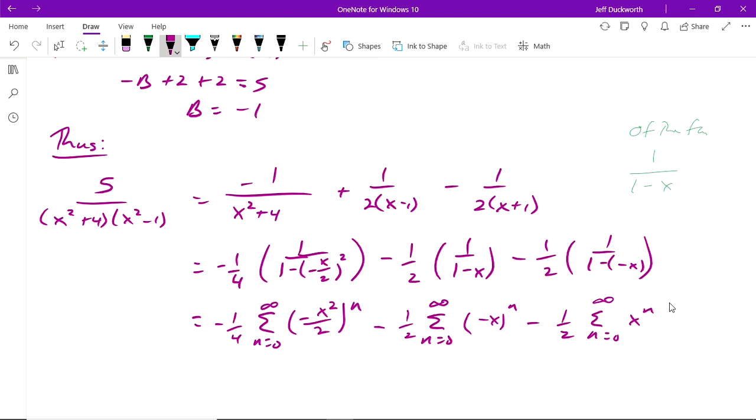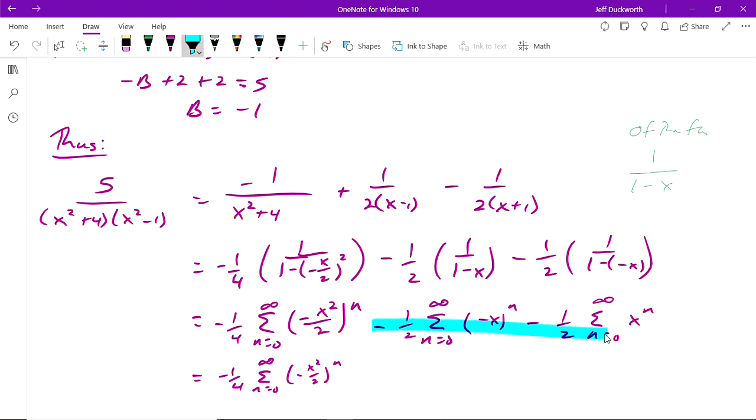All right, so we want to ultimately combine this into one power series, so we've got a little bit of work to do. So let's see what we can do. So negative 1/4 sum. We can combine these other two, however.